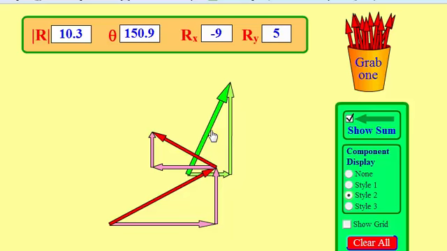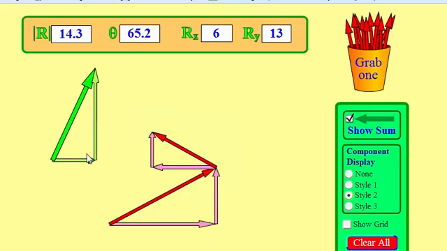Let's take this and throw it over here, and let's take a look at the sum. Is it indeed that positive 6? Yep, in the x direction, positive 6. And let's take a look at the y direction. Here we have positive 8. Let's look at this one. Positive 5. 8 and 5 is 13.